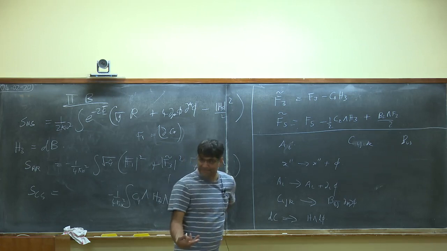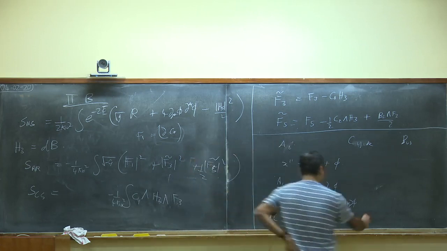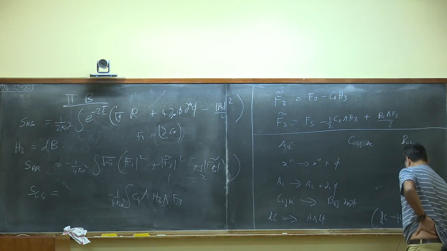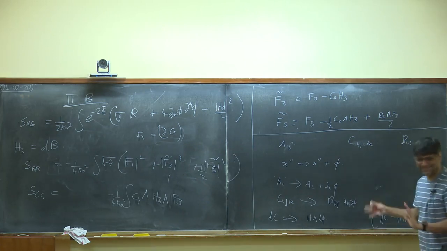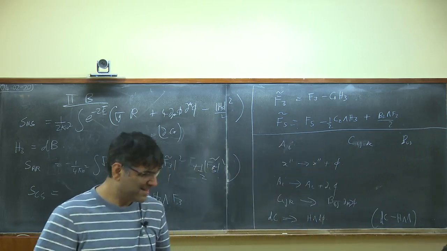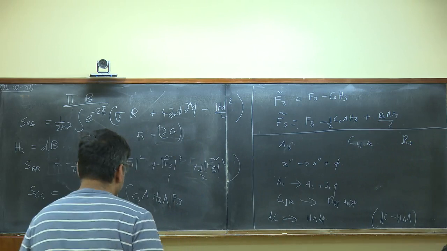And in order to make it gauge invariant, we had to put dC minus H wedge A, or A wedge H, whatever, some signs. Right?